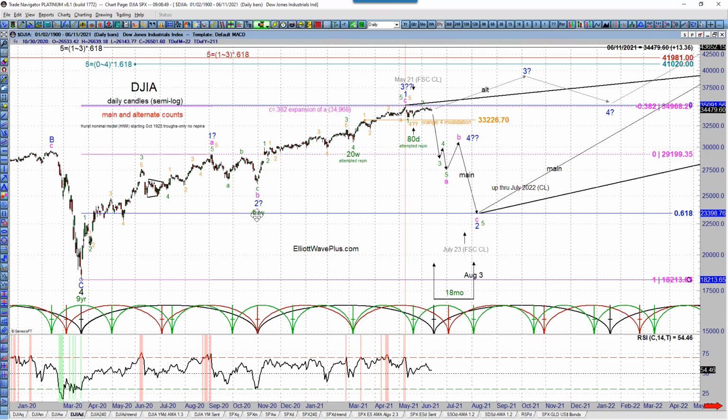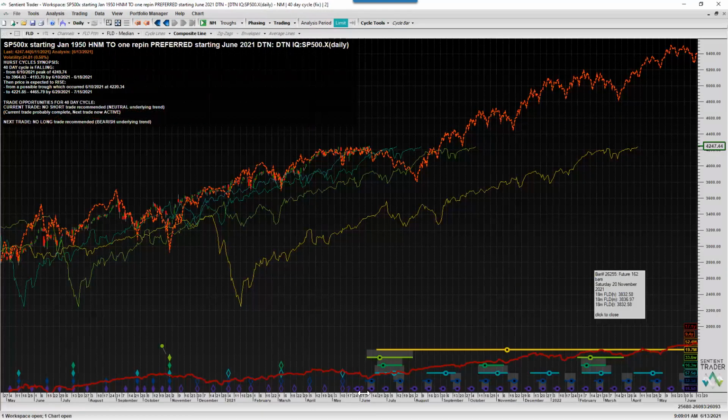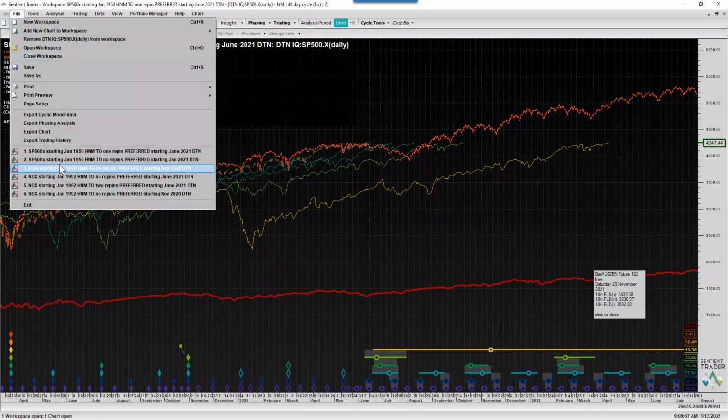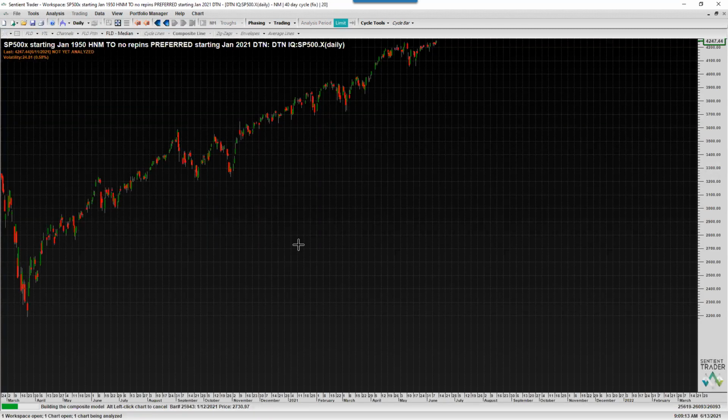But the thing I was going to show you this week, and I wanted to make you aware of, I've been aware of it for a couple of weeks, and I wanted to see if it would change. But I wanted to show you on Sentient Trader two different analyses. Well, one is a no repins analysis. And it'll take a second to do it.